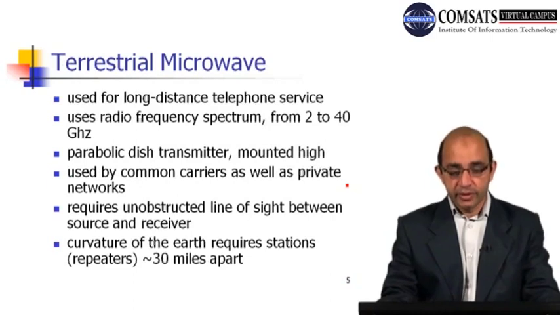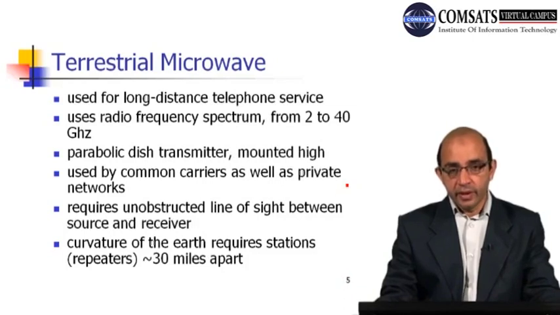So let's talk about terrestrial microwave. This type of system or technology or communication is being used for long distance communication. It uses the radio spectrum that starts from 2 gigahertz and ends at 40 gigahertz. So we need a parabolic dish transmitter, and it should be mounted on the top of some roof or some mountain, right?